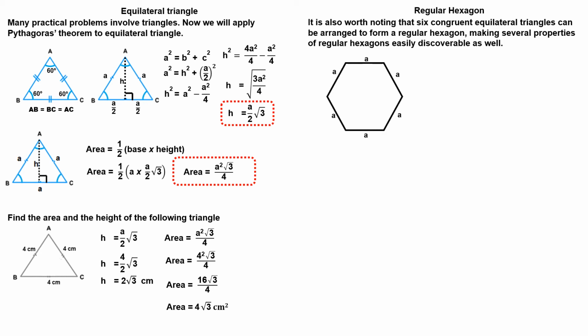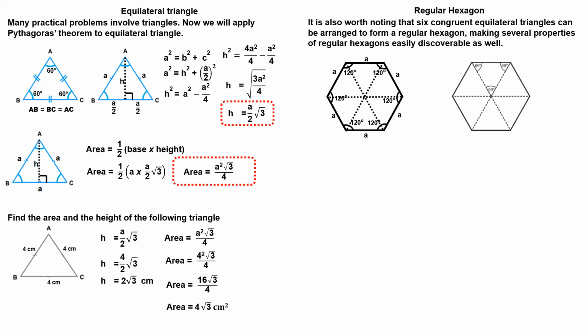The measure of the interior angle of a regular hexagon is 120 degrees. The measure of the central angle of a regular hexagon is 60 degrees. Therefore, a regular hexagon is made up of 6 equilateral triangles.